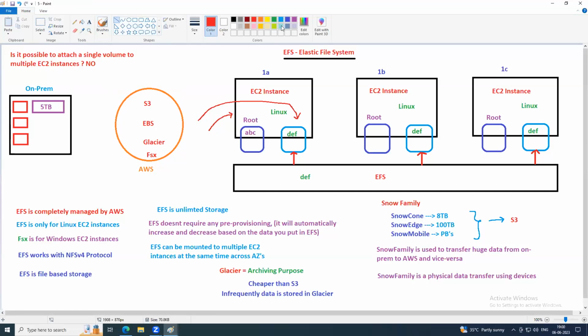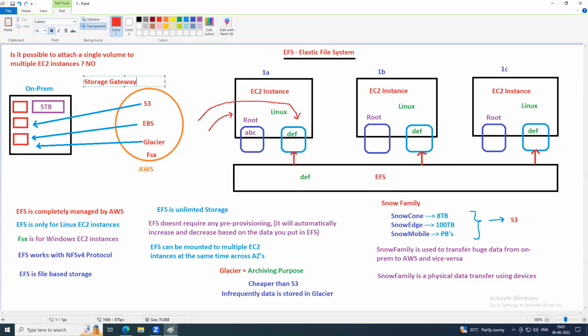You can mount these S3 buckets in your on-premises. You can mount this EBS on your on-premises. You can mount this Glacier on your on-premises. This is possible using a service called Storage Gateway.